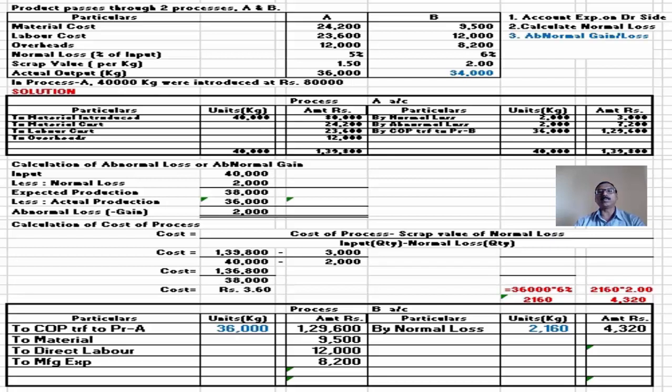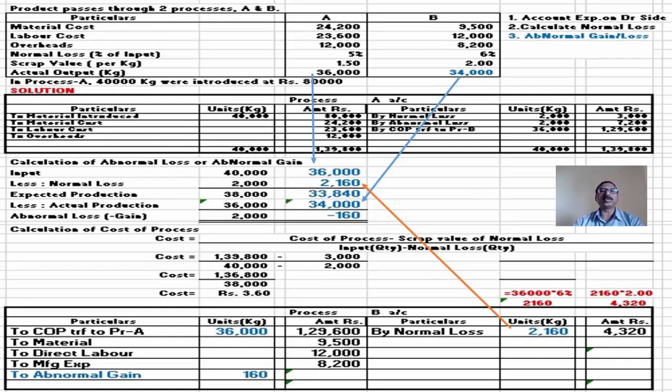And the normal loss which has happened in this process is 2,160. These three pieces of information we will use to calculate the quantity. So the quantity is calculated as 36,000 minus 2,160. So expected production is 33,840. Actual production is 34,000, which is more than what we expected. So there is an abnormal gain of 160.